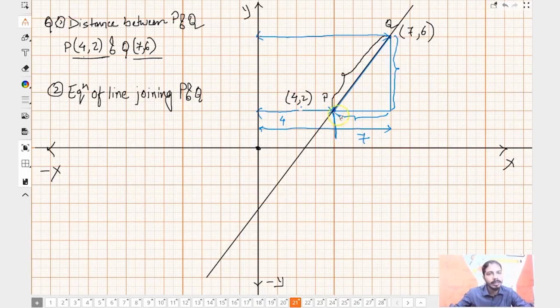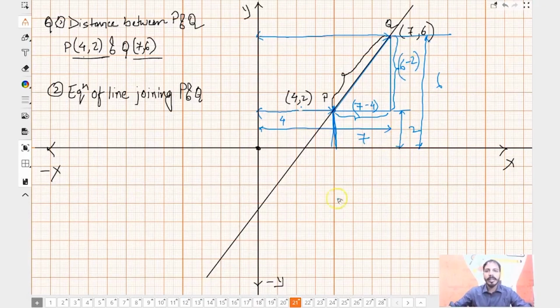So what is this length, guys? This length is 7 minus 4. Similarly, we know the height of this point, which is the ordinate of this point. So that means we know this height. This height is given as 2, and we know the height of this, which is 6. So what is this height? This is 6 minus 2.